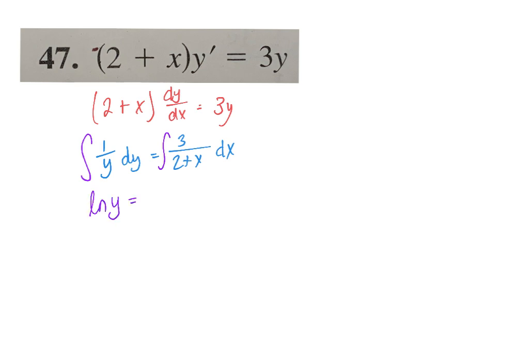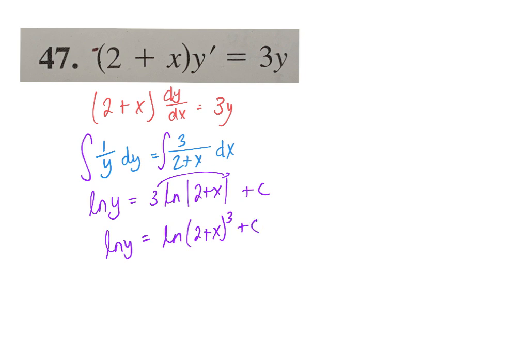And for this one, you're going to get 3 natural log of 2 plus x, something like that, plus c, right? Keep in mind that you can bump this over here, right? So you can say, just rewriting it, ln of 2 plus x cubed plus c.